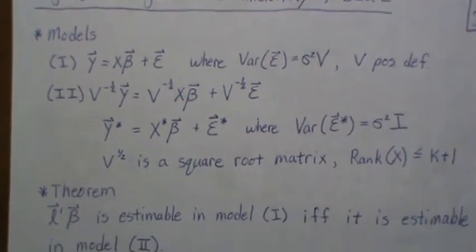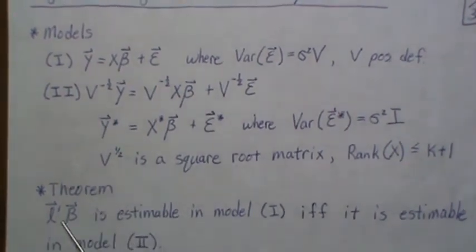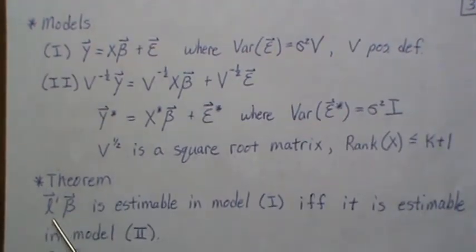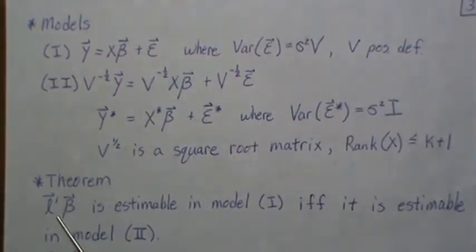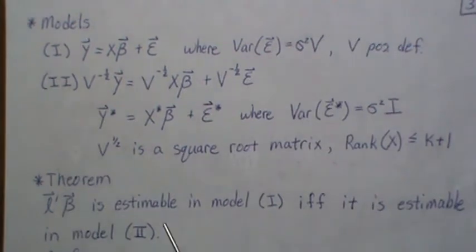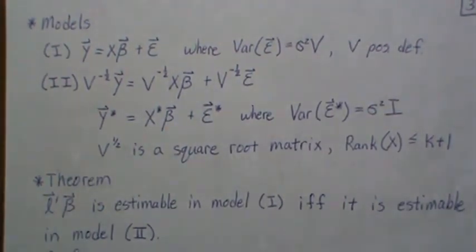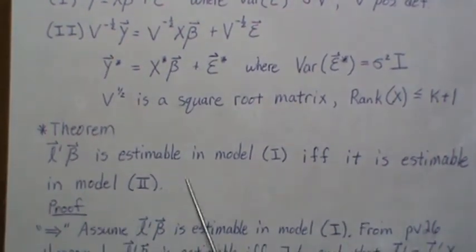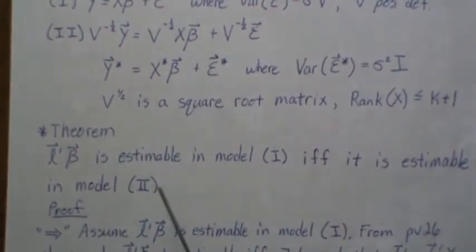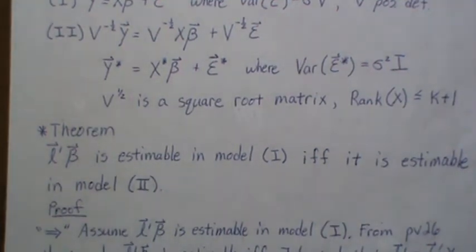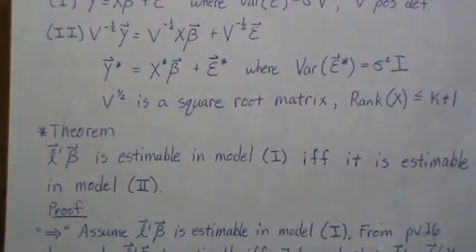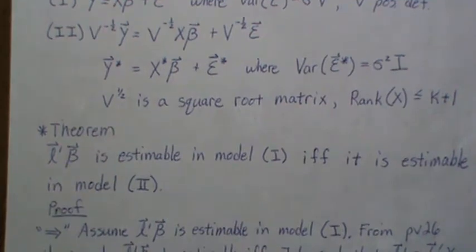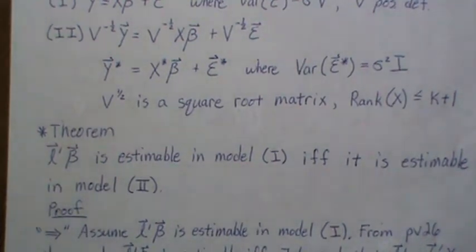Now the first theorem is that this linear combination of the betas is estimable in model 1 if and only if it's estimable in model 2. To prove this, we have to go both ways. We assume this is true and show it's estimable in model 2, and then we go the other way: we assume it's estimable in model 2 and show it's also estimable in model 1.